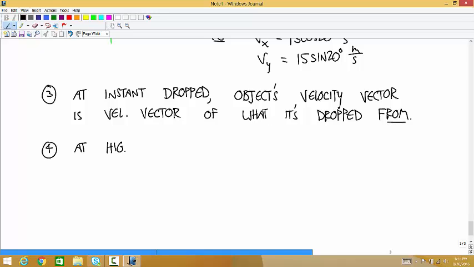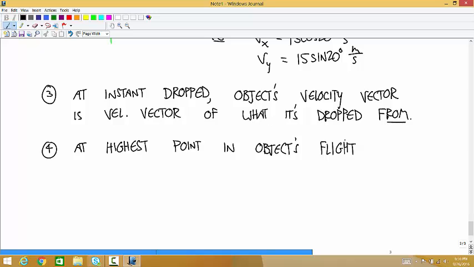At the highest point in an object's path in its flight, so what was the rule for motion along a line? If something was thrown up into the air, the velocity is 0 at the highest point.